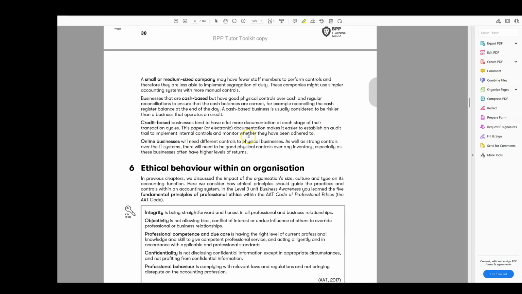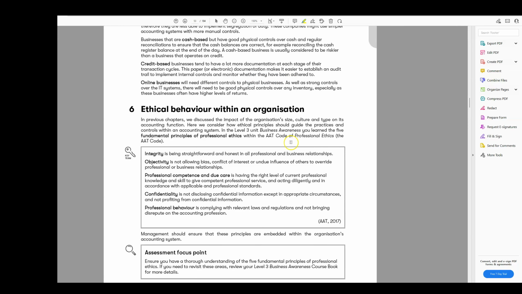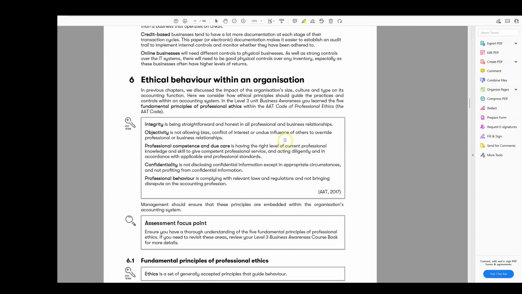This paper documentation makes it easier to establish an audit trail, to implement the internal control and monitor whether they have been adhered to. Alright, so an online business will need different controls to a physical business. If you have an online business, the control is not the same. You don't need security or physical control, but you need a strong control over the IT system.